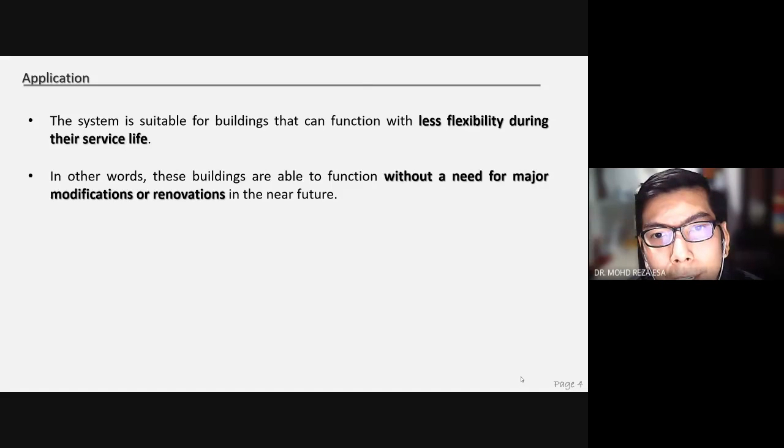Because when you use a reusable formwork system, your end product will be much stronger, and with that increase in strength, in the future you will find it difficult to modify or renovate your building. When you want to do something like hacking or demolishing a certain wall, it is very difficult because the end product is very strong.